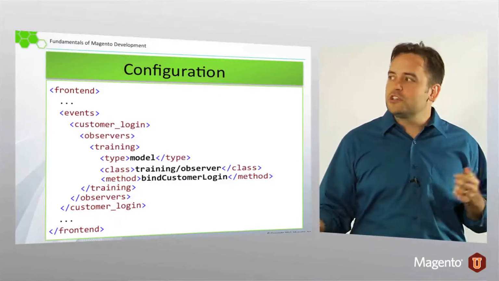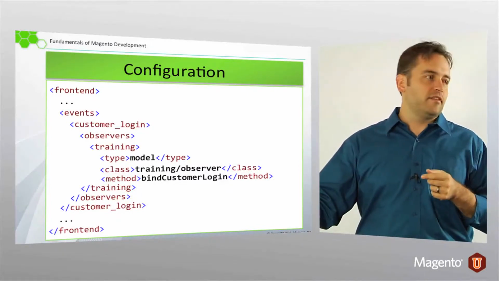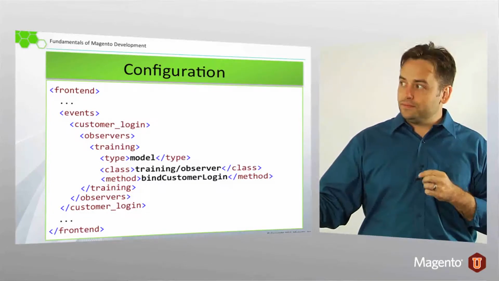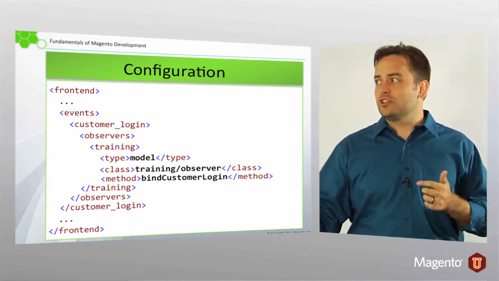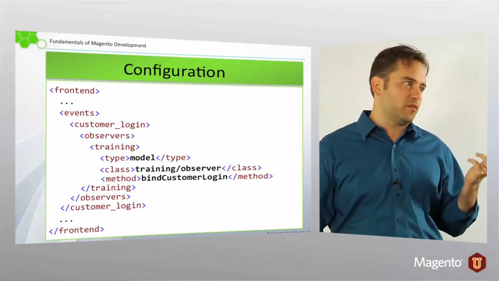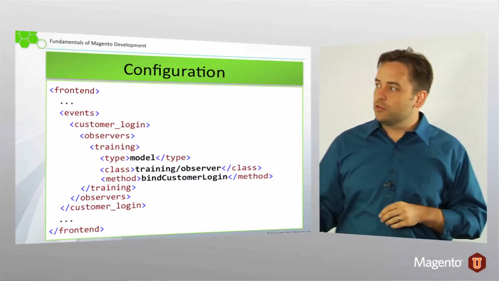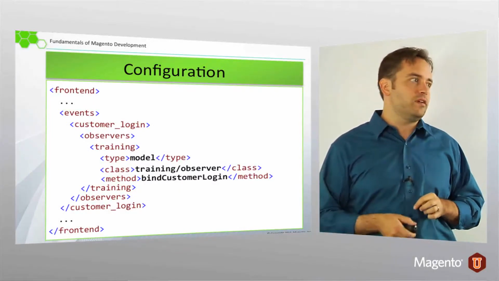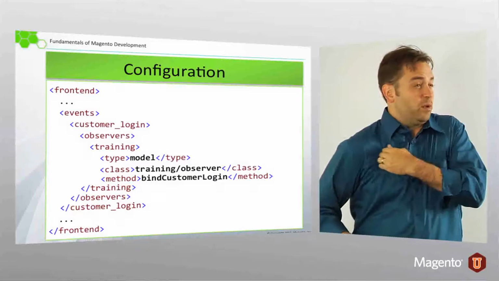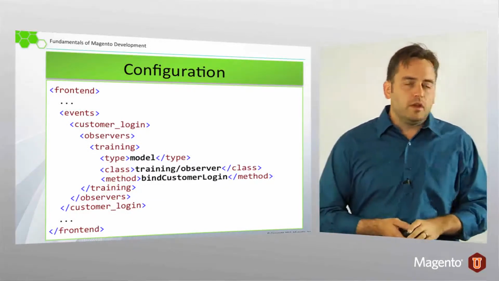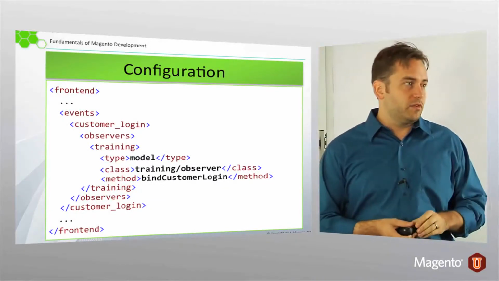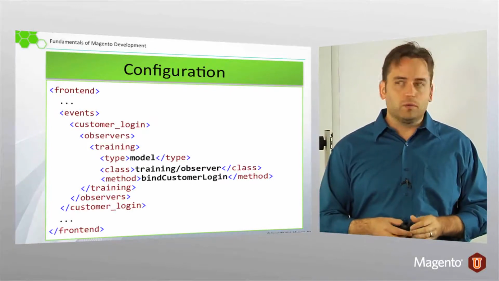So the configuration is going to look for the event node, then inside the event node, look to see if there are any children of observers. And for any children of observers, the system would attempt to instantiate an observer model.